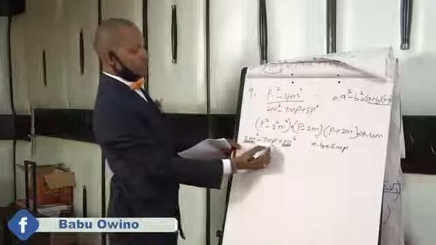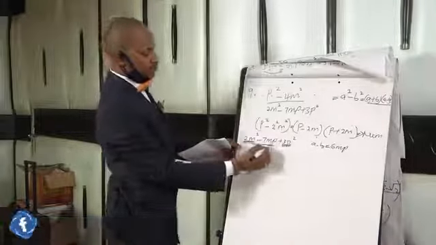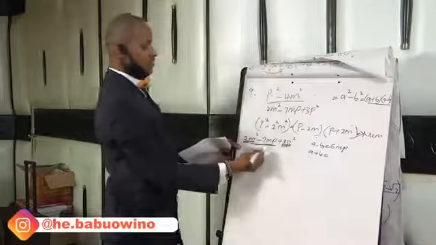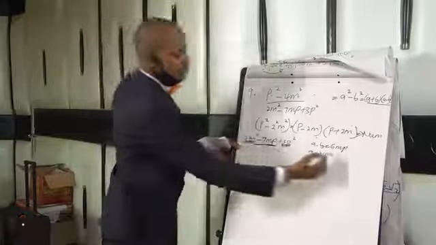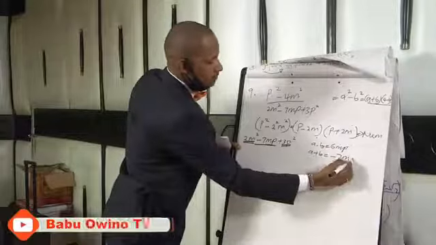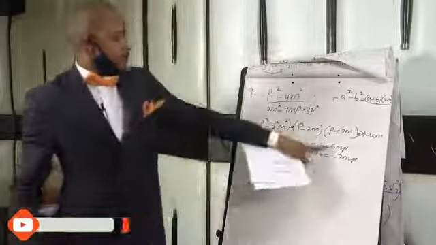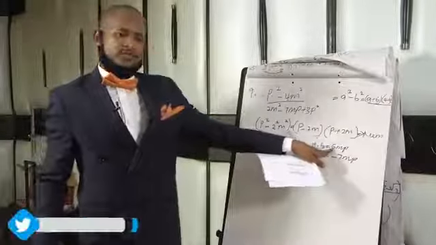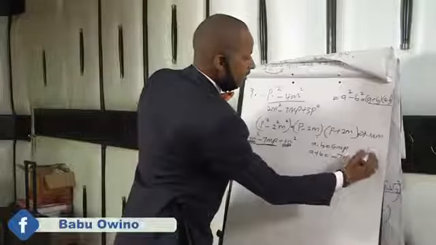But when you add the same two numbers, let the numbers be a and b, it gives you minus 7mp. So we get two numbers that when we multiply give you 6, and when you add give you minus 7. The numbers are minus 1 and minus 6.